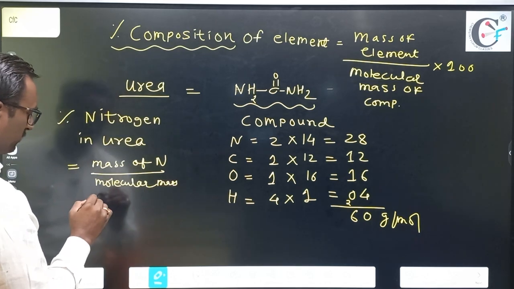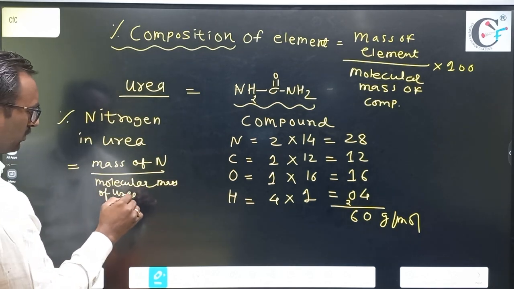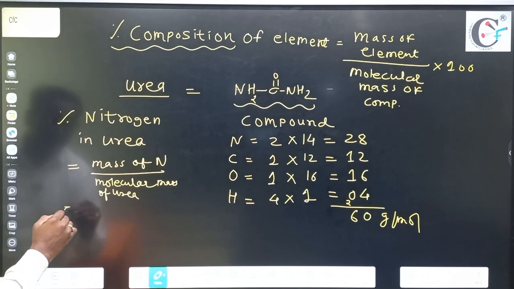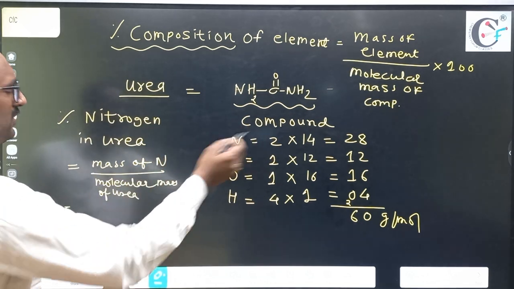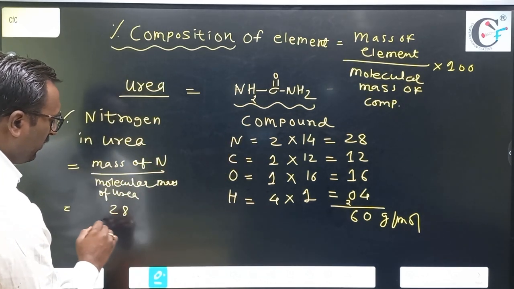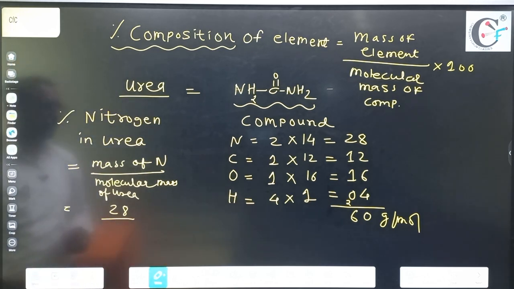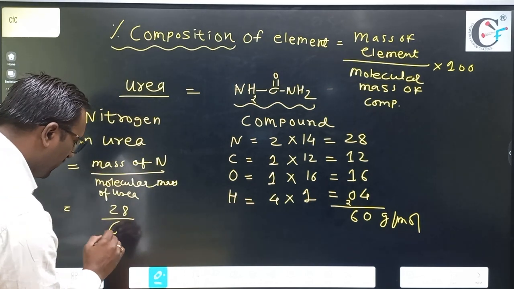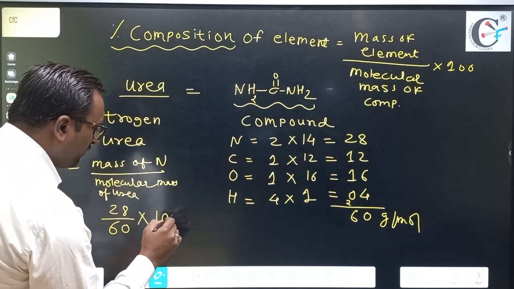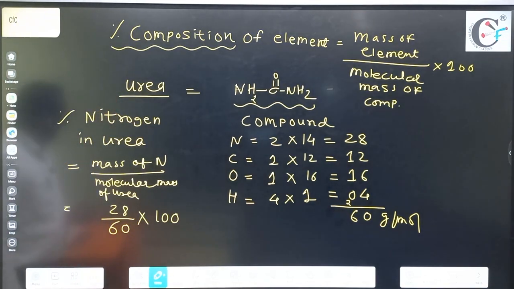So put the value. We have mass of nitrogen, that is 28, divided by molecular mass of urea, it is 60, into 100.